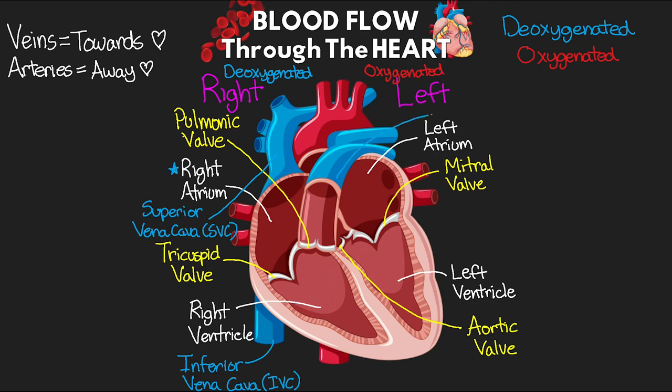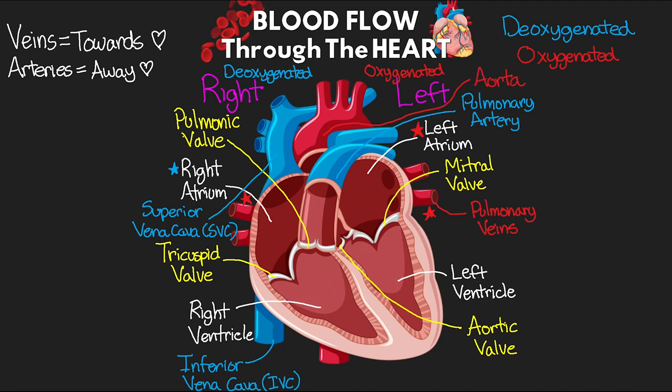Next, we have the pulmonary artery, which is going to carry the deoxygenated blood away from the heart and then to the lungs to be oxygenated. From here, we have both the right and left pulmonary veins, which are bringing the oxygenated blood back to the heart and emptying into the left atrium. And then finally, the aorta carries the oxygenated blood away from the heart to the rest of the body.